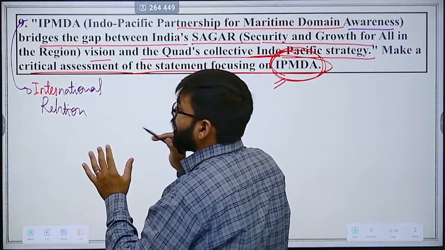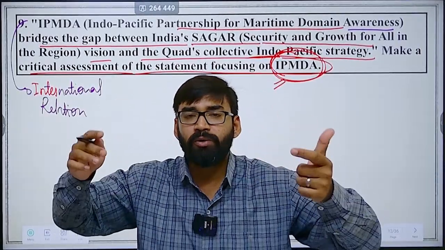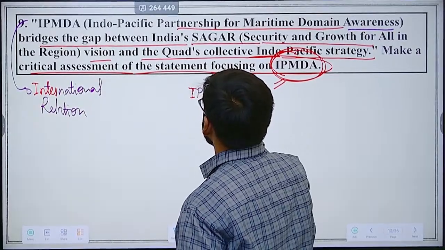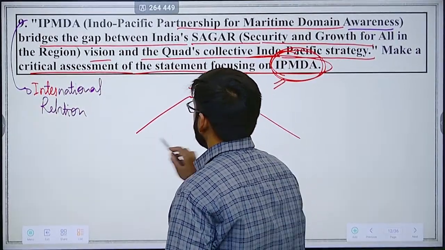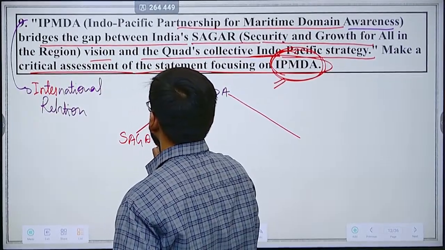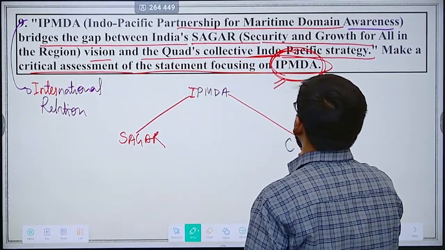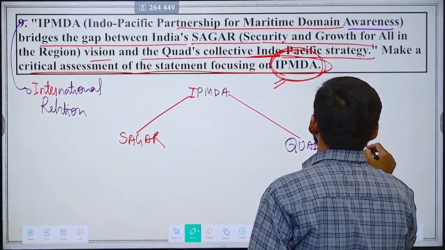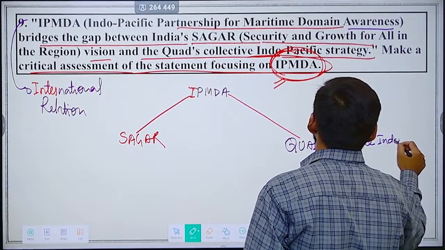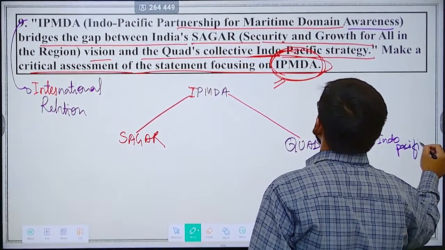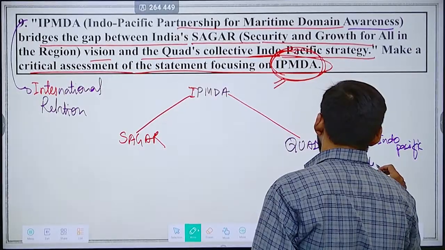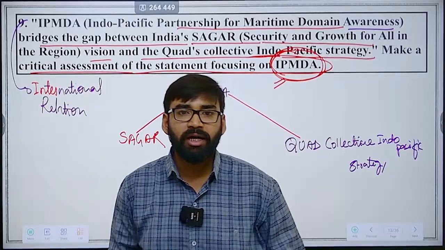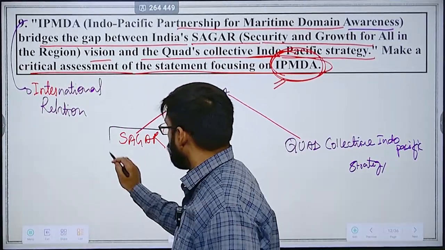So first, in my mind I will create a framework. How am I going to create the framework? First I will write this: IPMDA bridges the gap between SAGAR and Quad collective Indo-Pacific strategy. Fine?